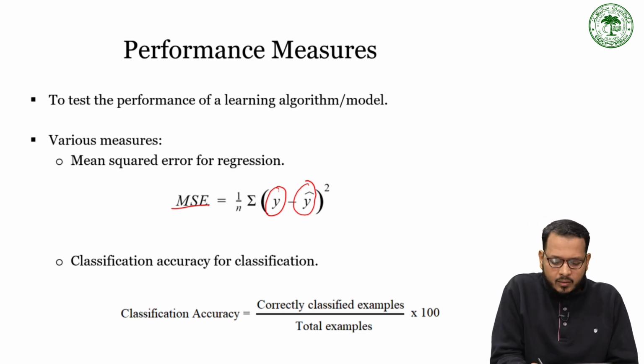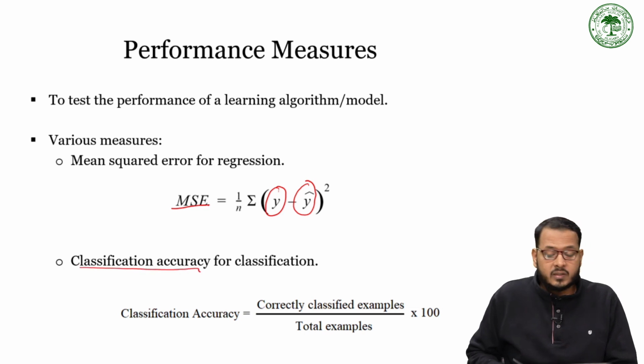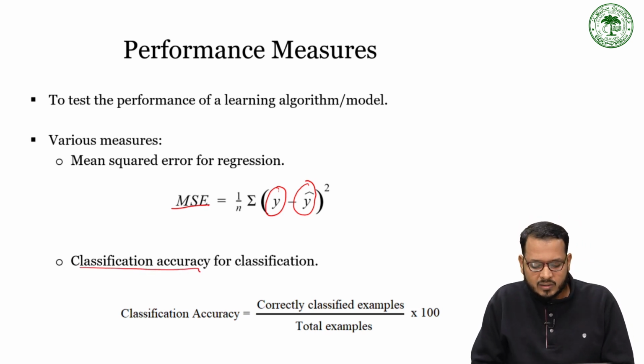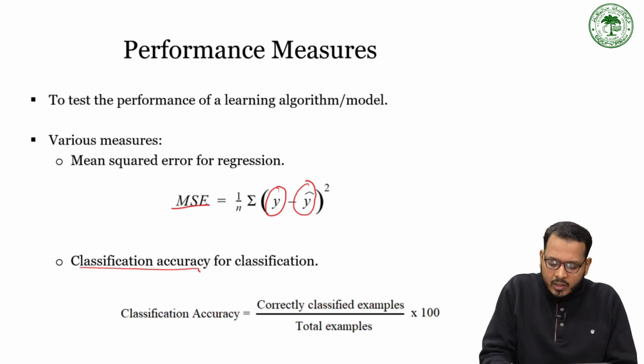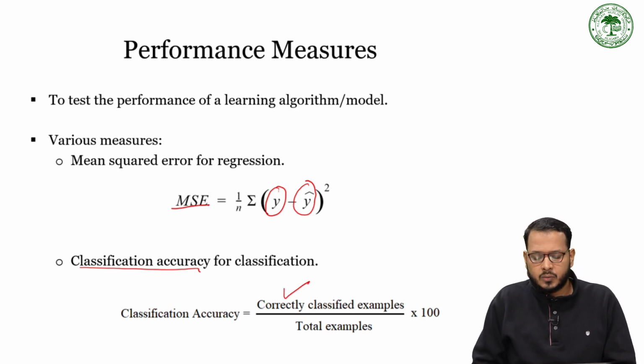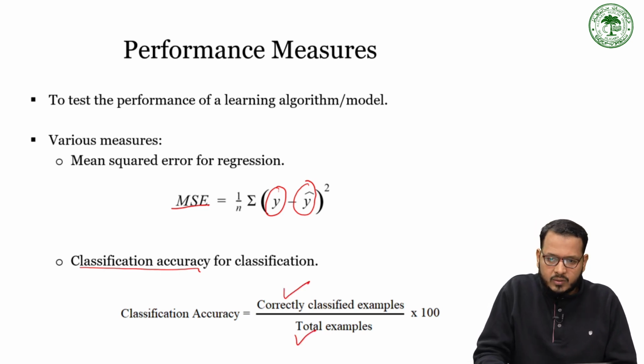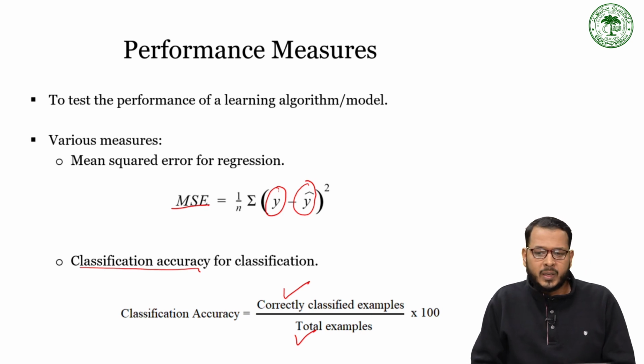On the other hand, for k nearest neighbor and decision tree algorithms, we discussed classification accuracy. It is a matrix for evaluating classification models, calculated as the ratio of correct predictions to the total number of predictions. It measures how often the model predicts the correct label for the input data.